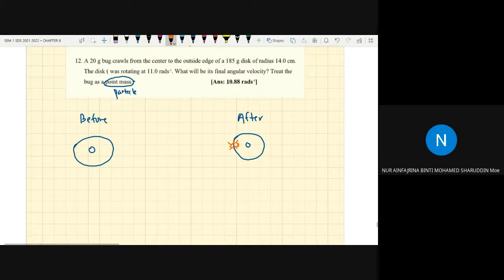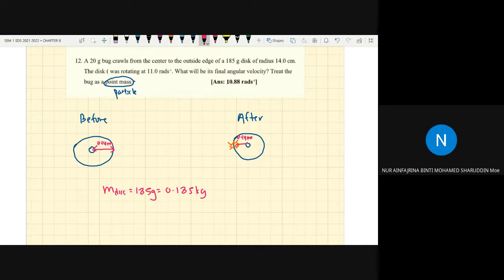The mass of the disc is 185 gram, equivalent to 0.185 kilogram. The radius of the disc is 14 centimeter, so directly make it 0.14 meter.